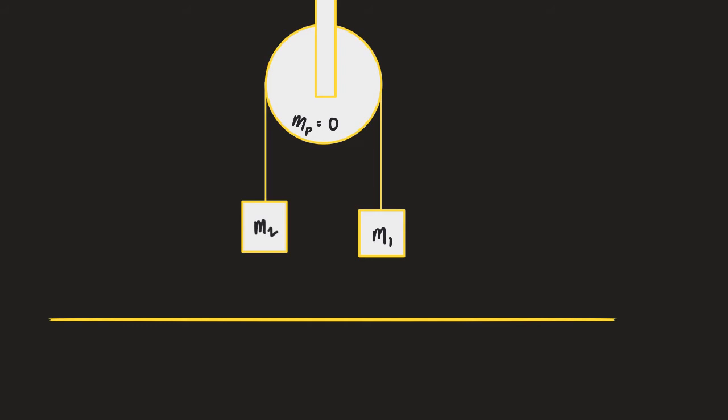This system can't accelerate without the entire inertia of the system playing a role. Now, for right now, that means the sum of M1 and M2. That is the inertia of the system. But in the future, it's going to be M1, M2, and somehow the inertia of the pulley as well. And so we should expect in any of these problems somewhere to be the inertia of the system.